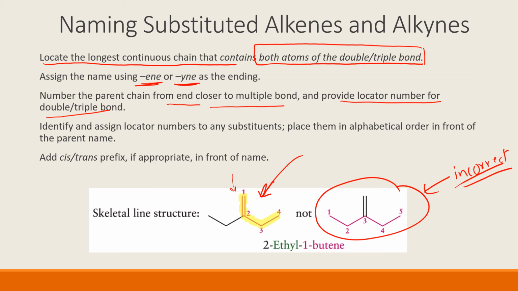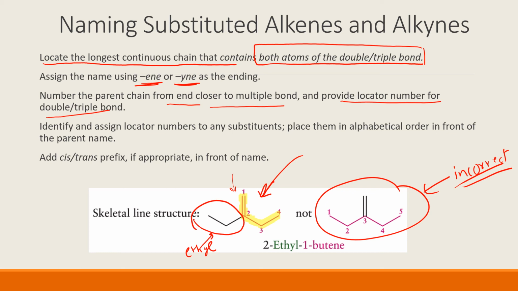Once the numbering is done, we identify the locator number for the substituent group also. In this case, our substituent is located at the number 2 position, and because our substituent contains 2 carbons, the name of this substituent is ethyl. And finally we combine the names together to find the complete name of the substituted alkene or alkyne.